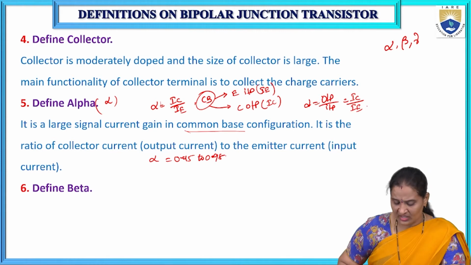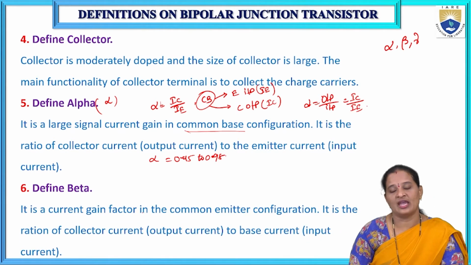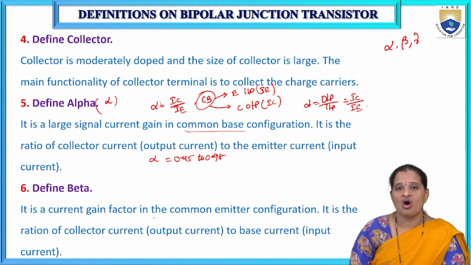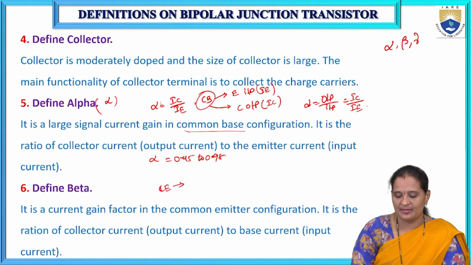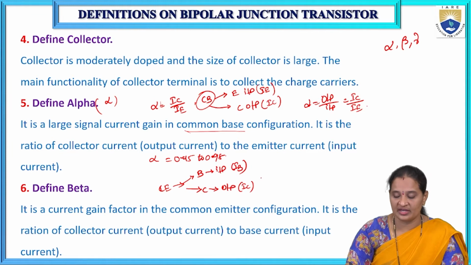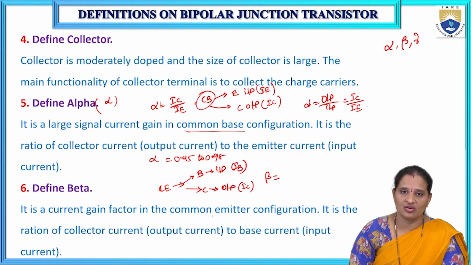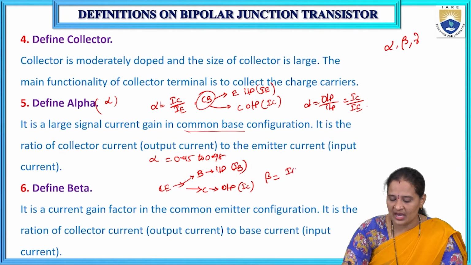Coming to beta. Beta is the large signal current gain, or current amplification factor, of a transistor in common emitter configuration. In common emitter configuration, emitter is the common terminal, so base is considered the input terminal and collector is the output terminal. As base is the input terminal, the input current is IB, and as collector is the output terminal, the output current is IC. Hence I can define beta, the current amplification factor of a transistor in common emitter configuration, as the ratio of collector current to the base current.